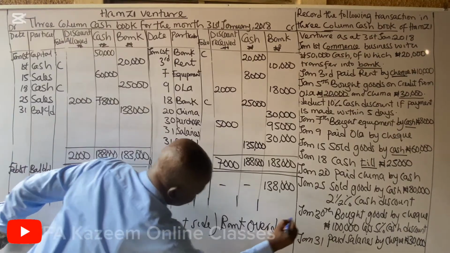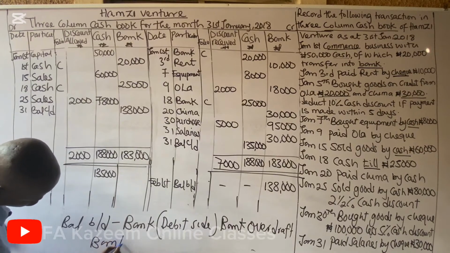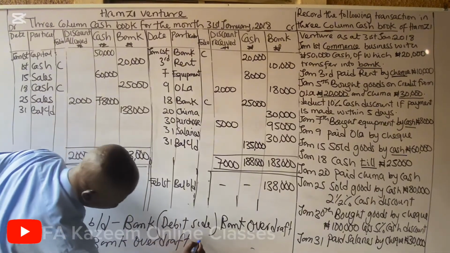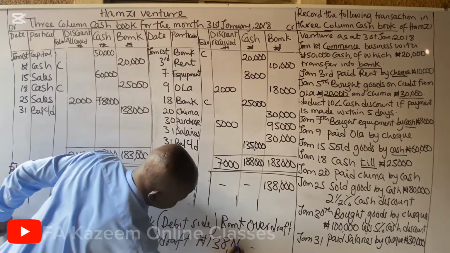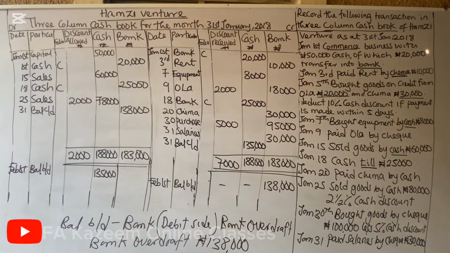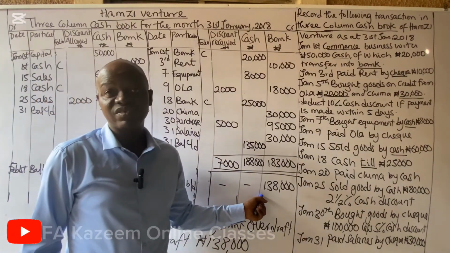Meaning in this question, there is a bank overdraft of 138,000. Anything that makes the bank balance to be on the credit side of either the 2-column cash book or the 3-column cash book shows it is an overdraft balance.